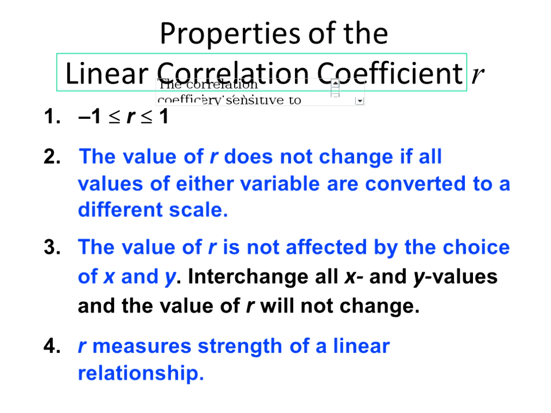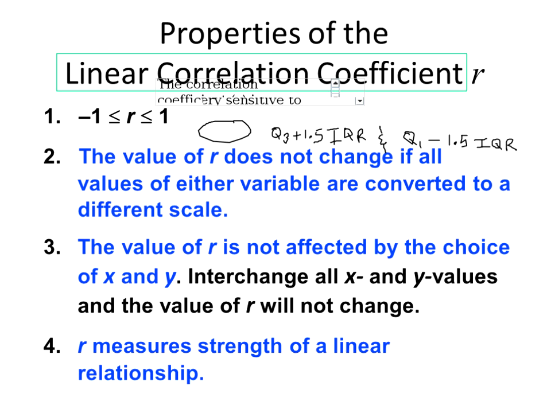Okay, so I typed it out. The correlation coefficient R is very sensitive to outliers. If you remember, an outlier is determined by calculating the IQR. Anything that's above the third quartile by 1.5 of its IQR, or anything that's below the first quartile by 1.5 of the IQR, is considered to be an outlier.